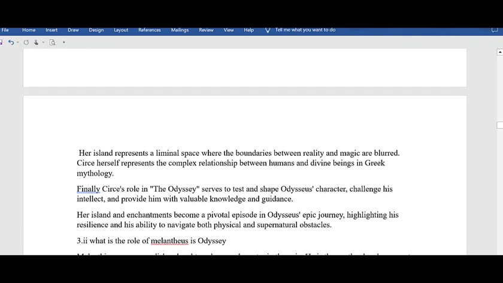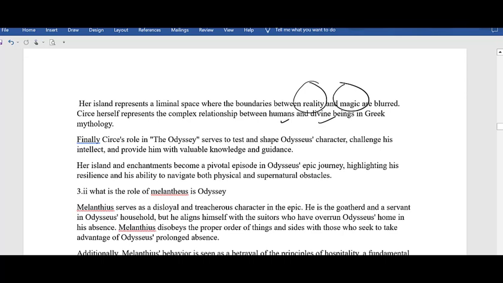Similarly, just like Circe is a symbolism of mortality and immortality combined, her island also represents reality and magic put together. So the line between reality and magic is blurred through the description of her island, and there is a complex relationship between divinity and humans, which is also talked about through Circe's depiction.